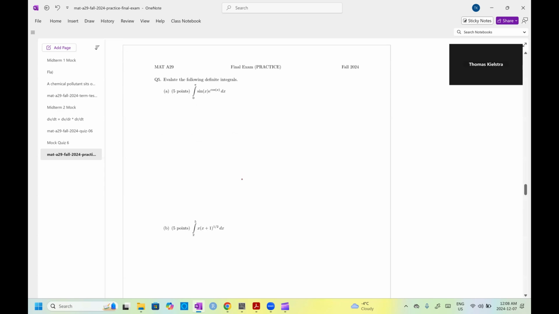Now we have two definite integrals we'd like to calculate in Q6. So here, the trick is we need to do a U-substitution in order to solve these. So first we're going to compute the indefinite integral. And so on the aside, I'm going to do the indefinite integral for sine of x e to the cos of x dx. And u equals cos x. This is my guess. Then du by dx is minus sine of x, and 1 over minus sine x du by dx equals 1.